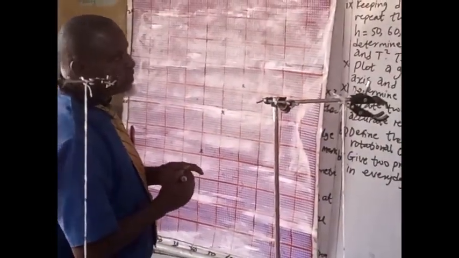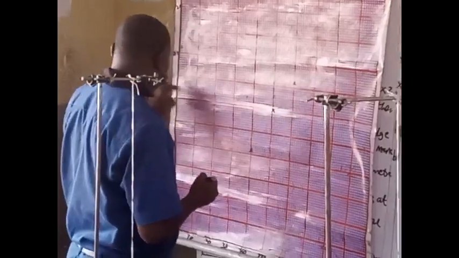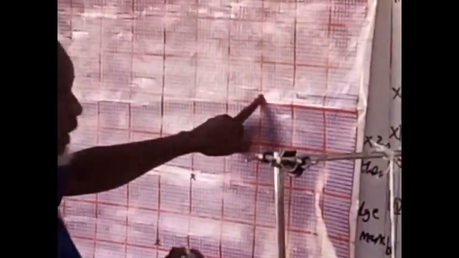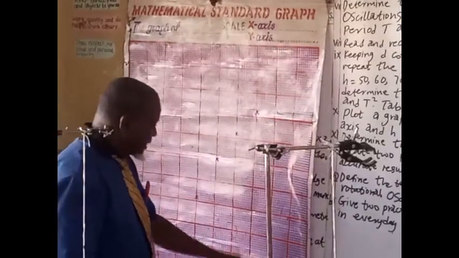So 70 is against 2.10. This is 2.0, so 2.10 will be 2 small squares above 2.0. Now 80 against 2.40. We trace it to 2.4.